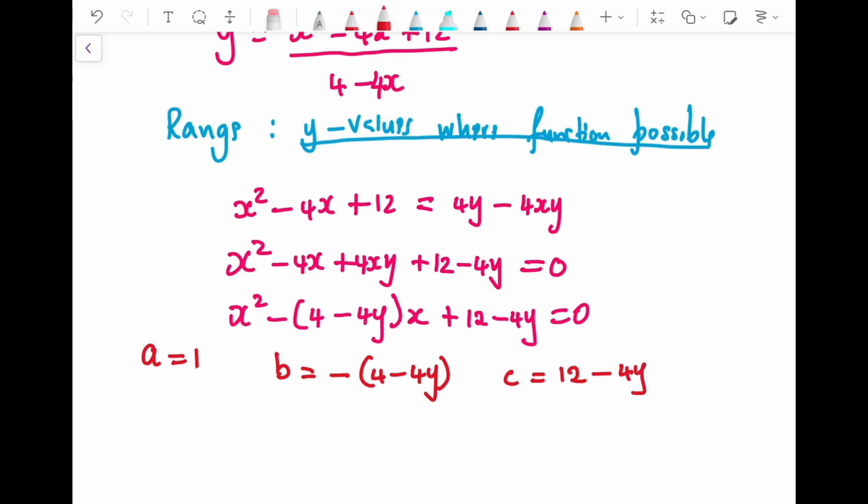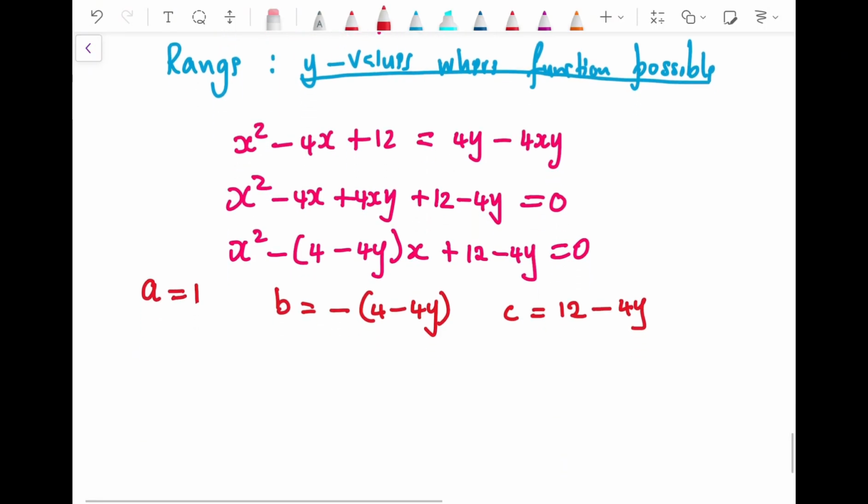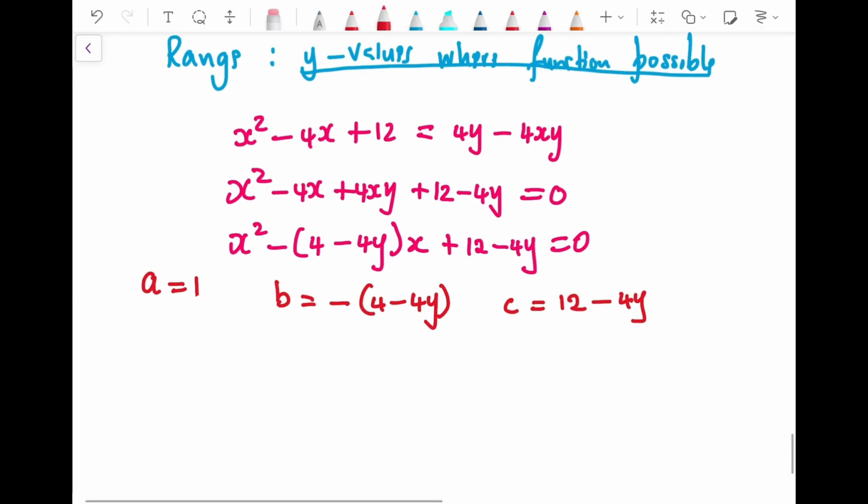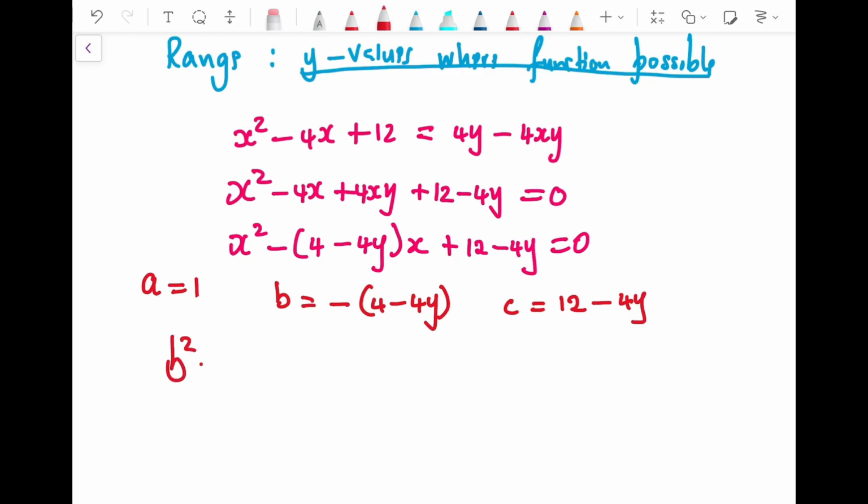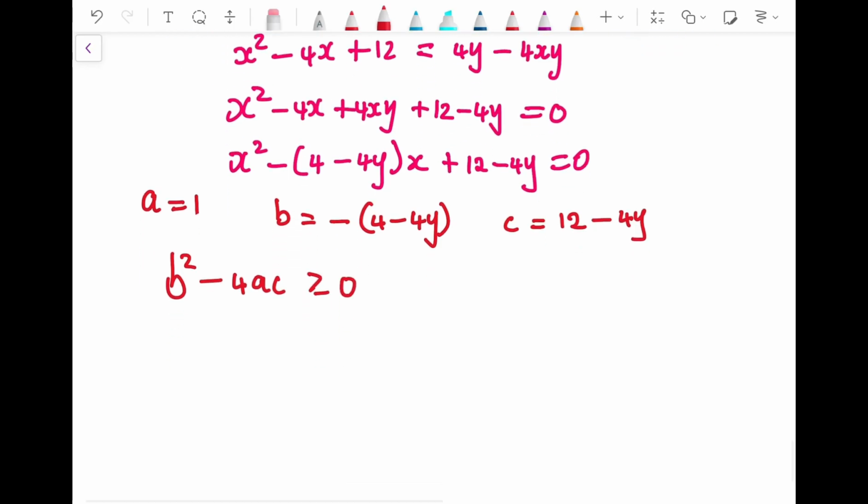And now, remember, we are looking for values of y so that this will be real, or where the graph is defined, or where our graph is possible. So now, for this to be real, our discriminant, b squared minus 4ac, must be greater or equal to 0.